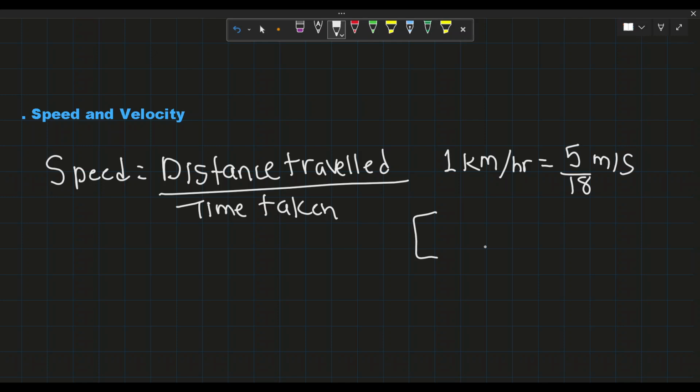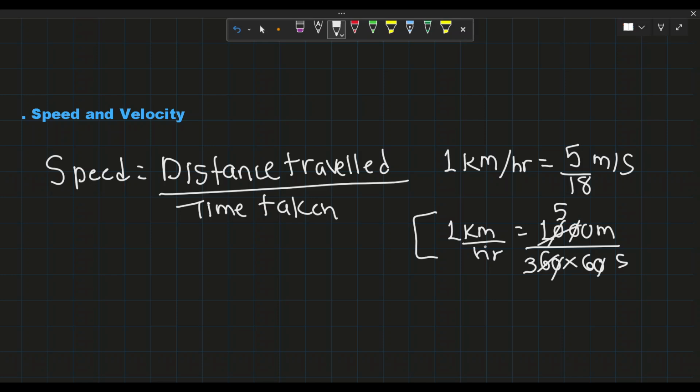If you want to know how it came, basically 1 kilometer is 1000 meters and 1 hour is 60 times 60 seconds. So cancelling out the zeros and dividing this by 2, we get 5 by 18 meter per second.